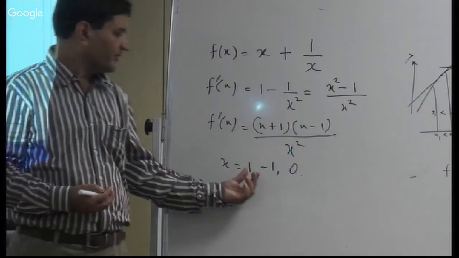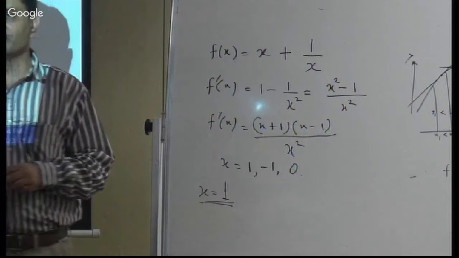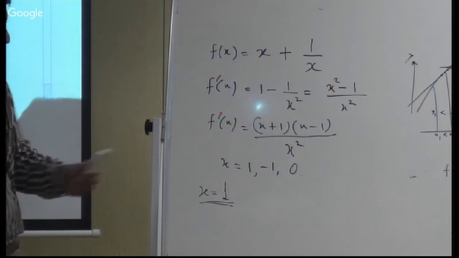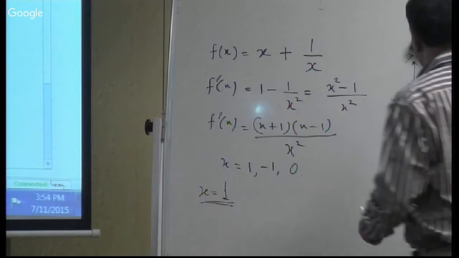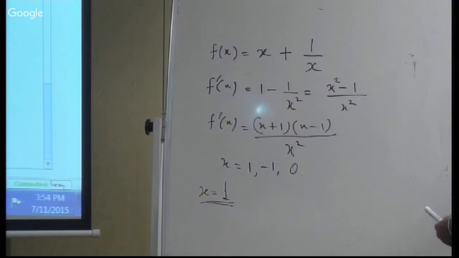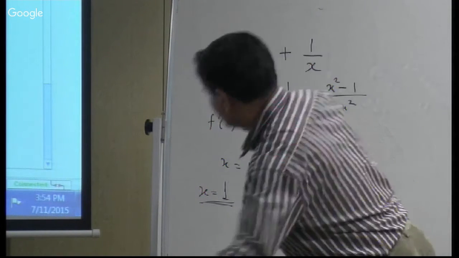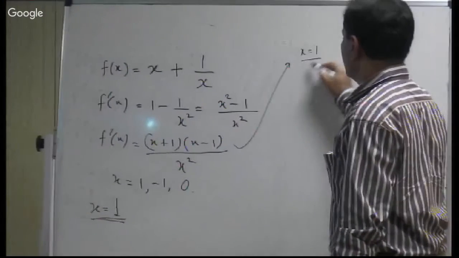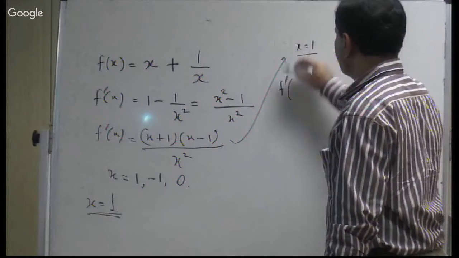Now, if you take the point x equal to 1, take the left hand side. I am finding out the sign of the derivative when x is slightly less than 1.